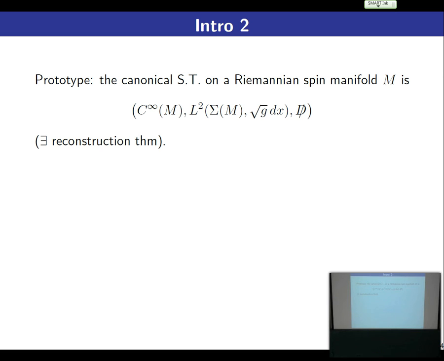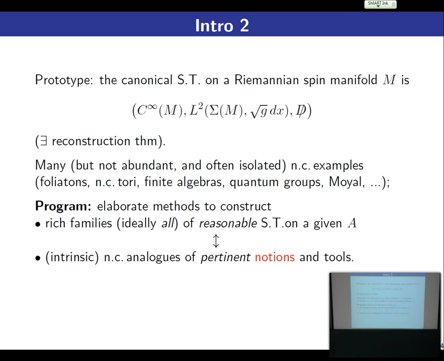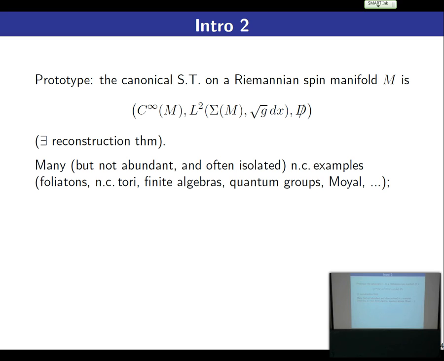There is, in this case, a reconstruction theorem under certain additional assumptions. There are many non-commutative examples, but not really an abundant number, and they are often isolated. They come from foliations, non-commutative tori, which will be the main example here, finite algebras, quantum groups, Moyal plane.